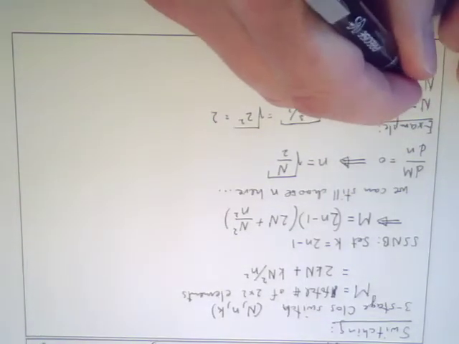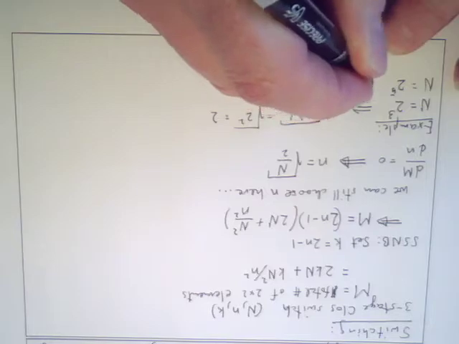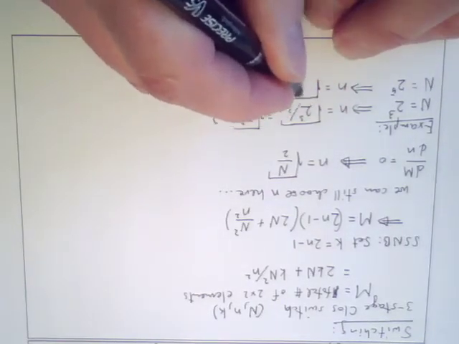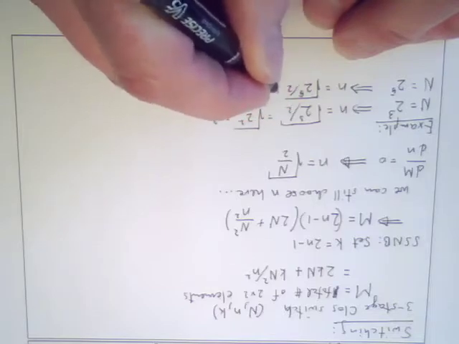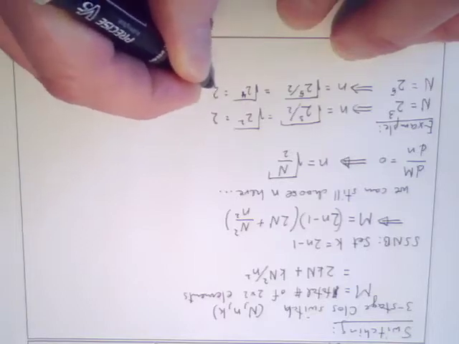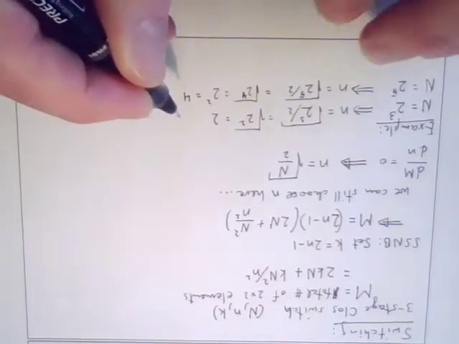If capital N is 2 to the 5th, then little n is the square root of 2 to the 5th divided by 2, or square root of 2 to the 4th, which is 2 squared, which is 4.